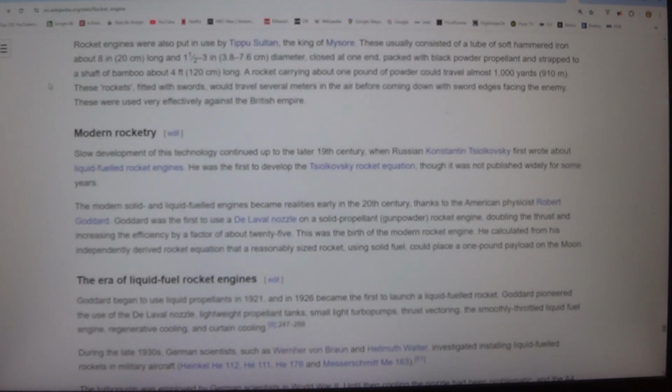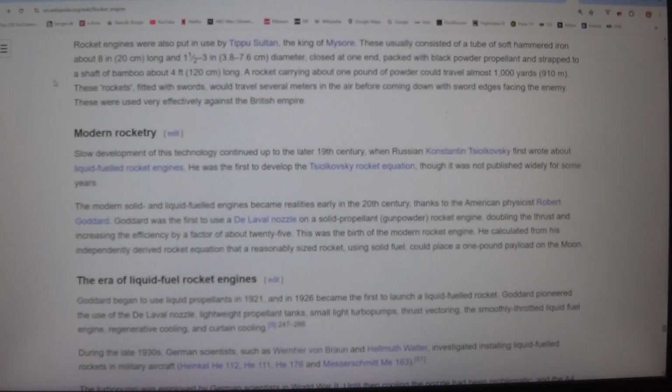These usually consisted of a tube of soft hammered iron about 8 in, 20 centimeters, long and 1.3 in, 3.8–7.6 centimeters, in diameter, closed at one end, packed with black powder propellant and strapped to a shaft of bamboo about 4 feet, 120 centimeters, long.